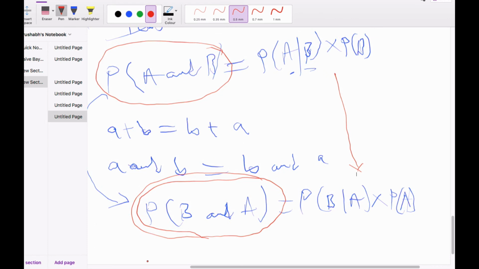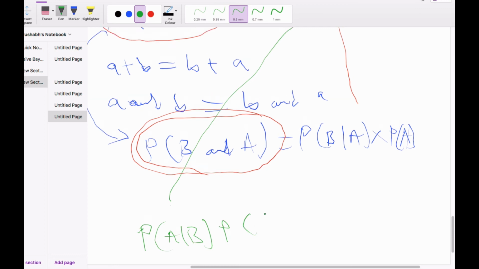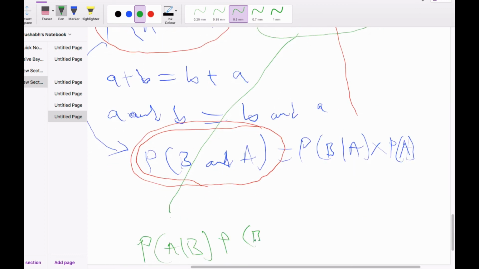I'm going to bring this part down, which is probability of A given B, multiplied by the probability of B.